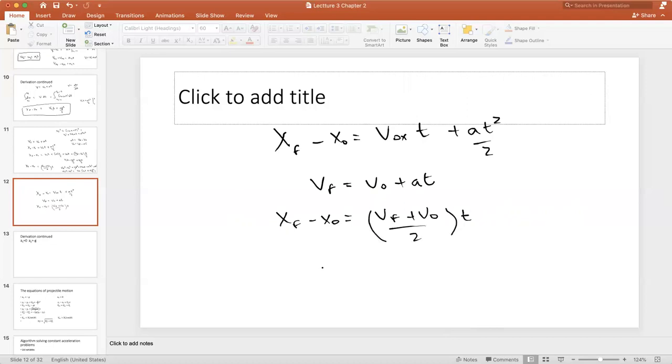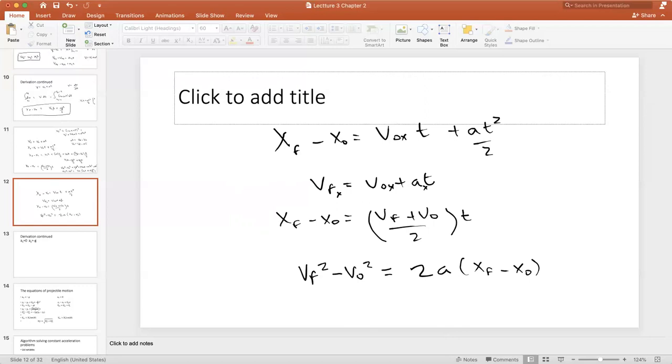And lastly, v final squared minus v initial squared, and keep in mind these are all x's, I don't want to write it on everything, is equal to 2a times x final minus x initial. These are the 4 constant acceleration equations.